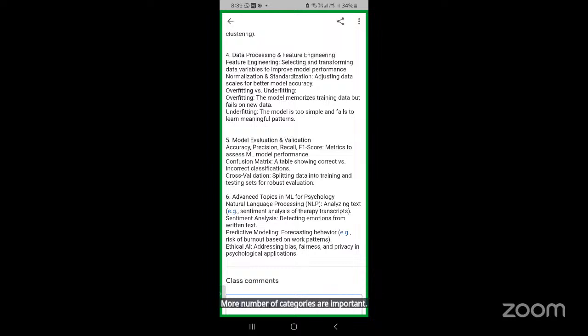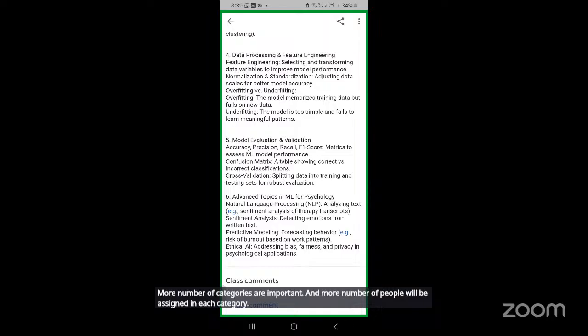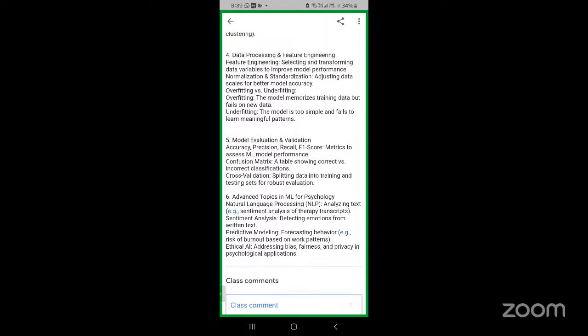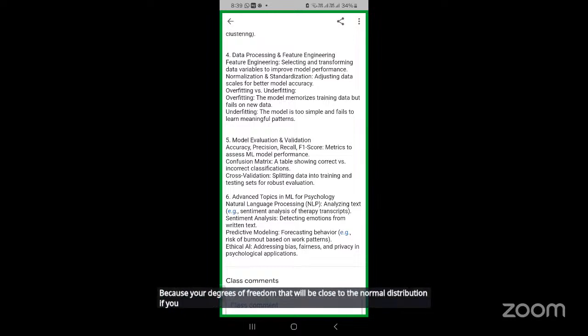And more people will be assigned in each category. This is important because your degrees of freedom will be close to the normal distribution if you have more categories.